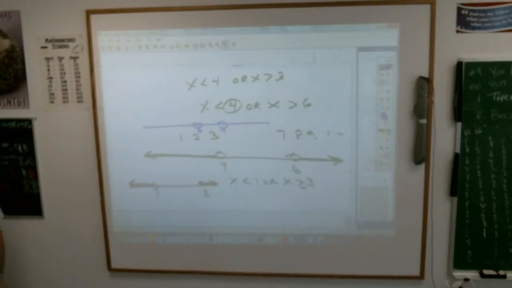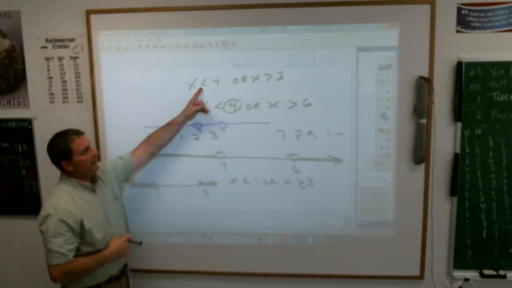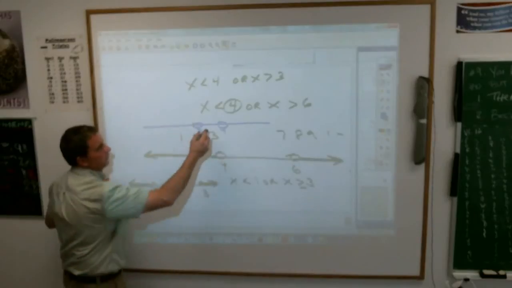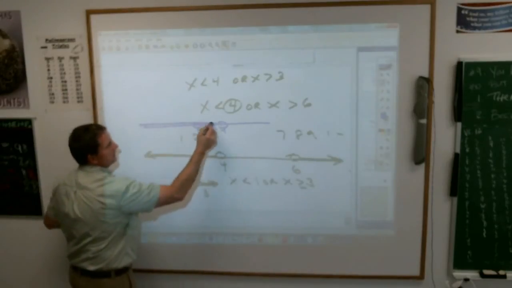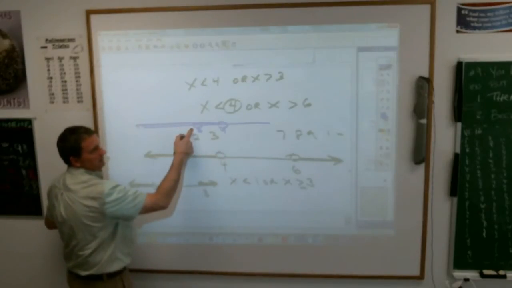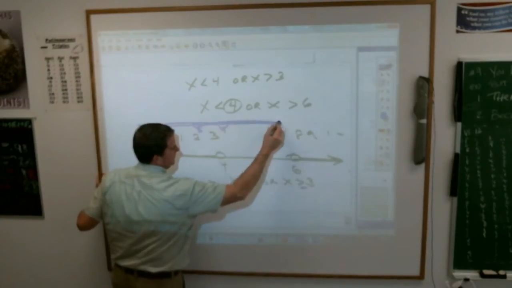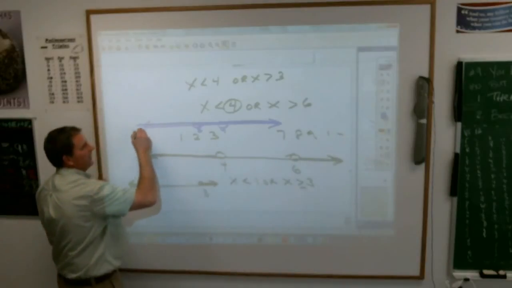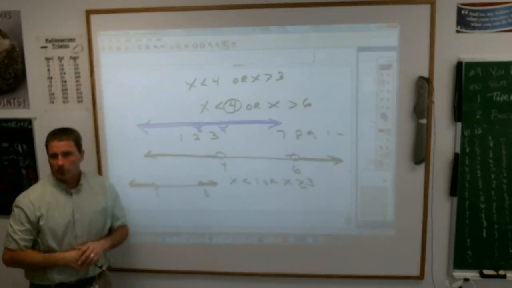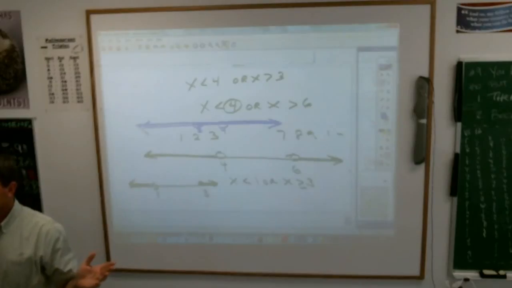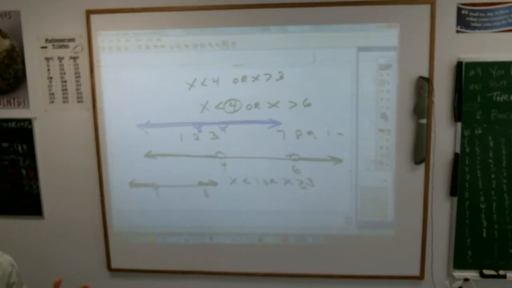But look at that inequality. X is less than 4 goes this way. X is greater than 3 goes this way. If I asked you to give me a number that was less than 4 or greater than 3, give me a number. 3. You can't be wrong.